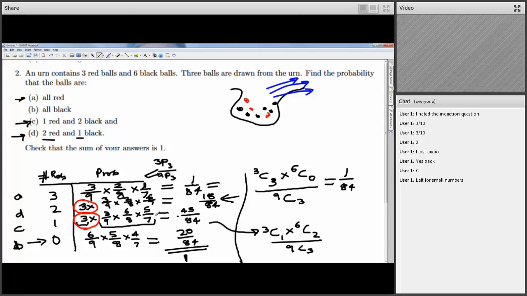So what we've done here is produce a probability distribution, which we'll do more of in next week's online meeting. It shows you that it's much more likely to have more blacks and fewer reds, which is not surprising given the ratios in the bag in the first place.